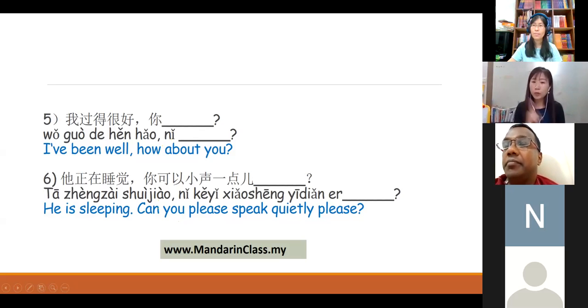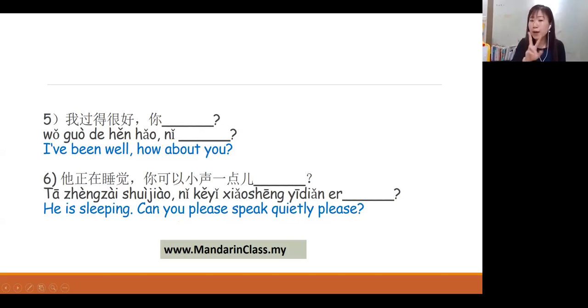For these questions we cannot put 吗 and 吧 together. It means at the same time we use only one of them; you can only have one. 他正在睡觉，你可以小声一点吗？ Here it is a request.